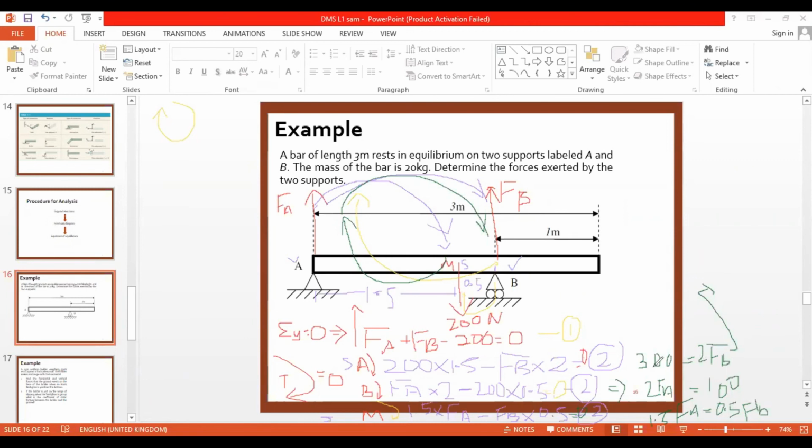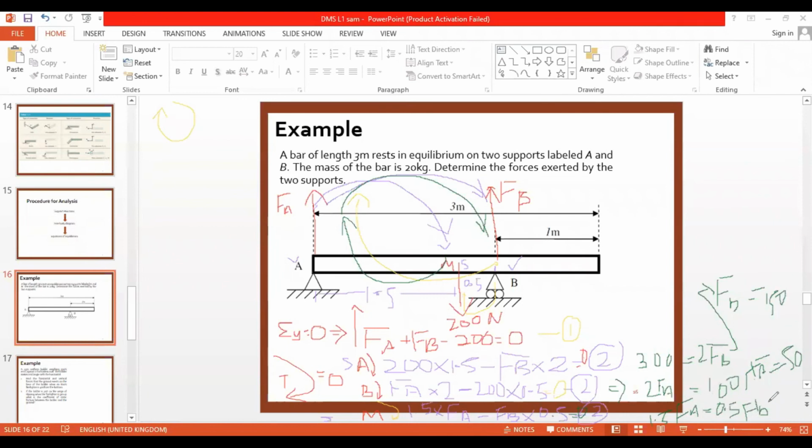If 2FB is equal to 300, then FB is equal to 150. If 2FA is equal to 100, then FA is equal to 50.